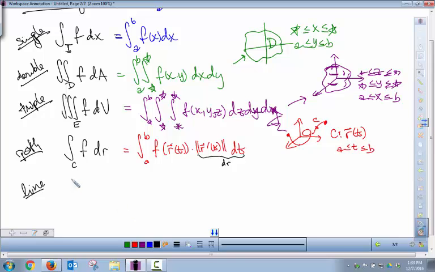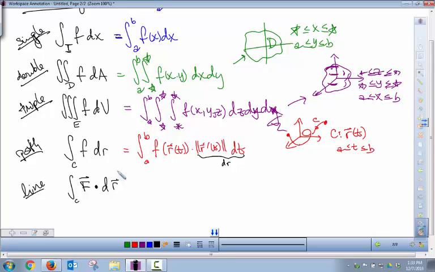And then our line integral is our first taste of integrating. These are all scalar functions so far. The little f's are all scalar functions so far. And now we get introduced to a vector field, and somebody says that we can actually integrate vector fields over some surfaces.